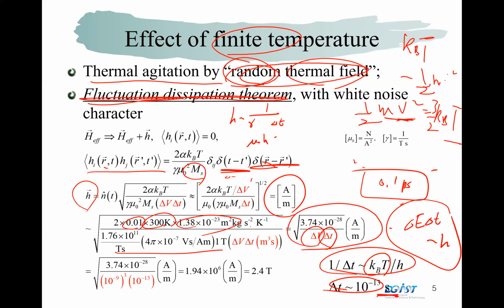But in magnetism, this kind of time is very important to understand many situations because the spin dynamics we already learned is on the order of gigahertz. So most of the important spin dynamics occur below the nanosecond, not the picosecond. So for magnetization dynamics, this is a really short enough time.